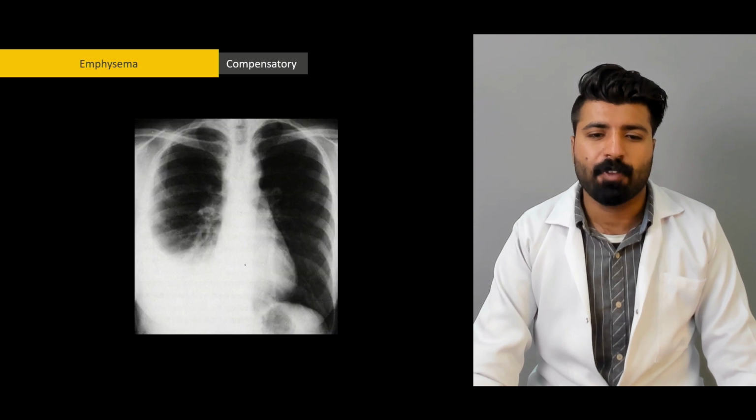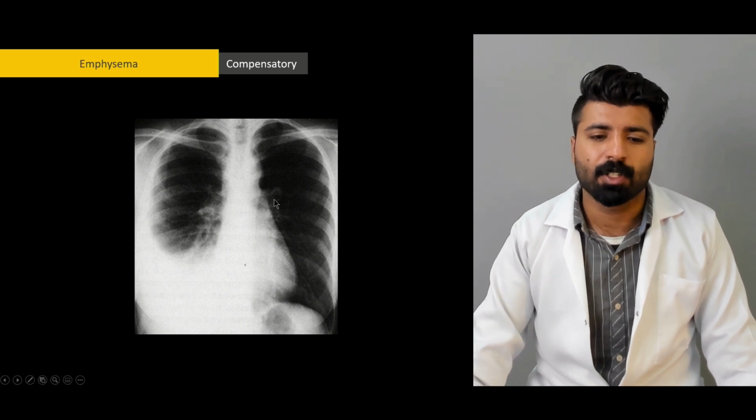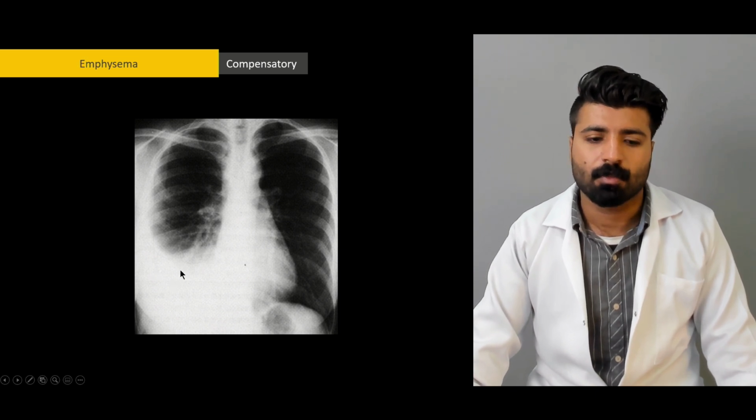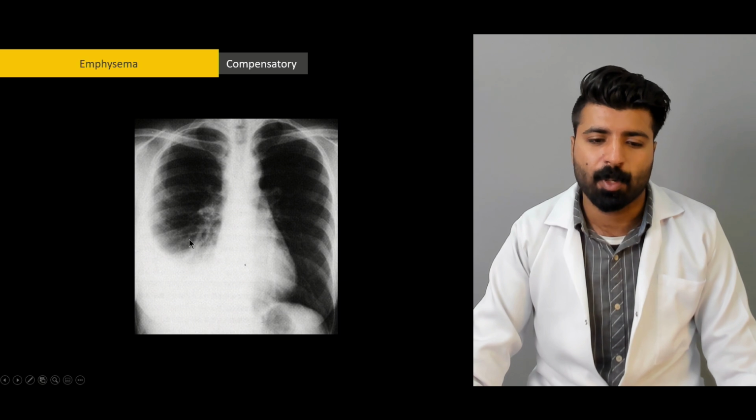So what is the compensation in emphysema? This is pursed-lip breathing. You're compensating for emphysema, and this is how it's shown. Look at this slide. Look at this level. All of the alveoli are not at all right. They are losing their elastic power. They're losing everything. Due to emphysema, you can see all of these patches.